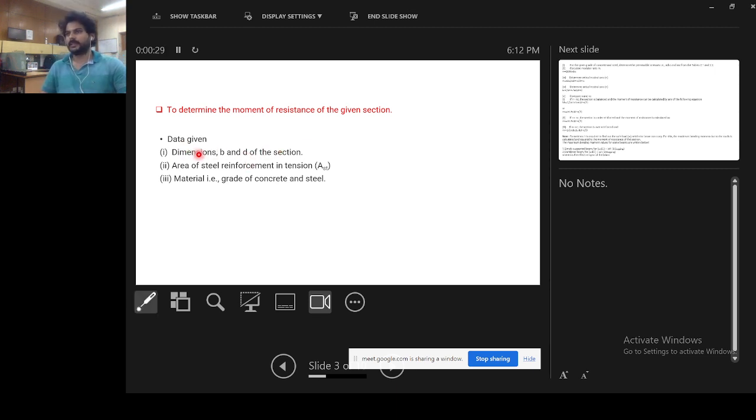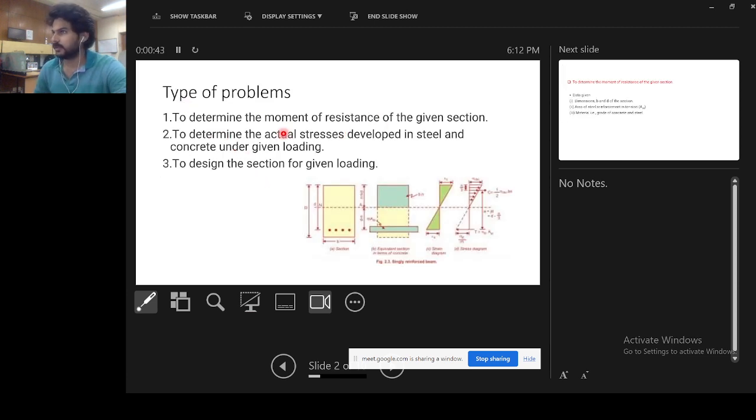They will also give the area of the steel reinforcement in tension and the material grade of concrete, and they will ask us to calculate the moment of resistance. That is the important step.